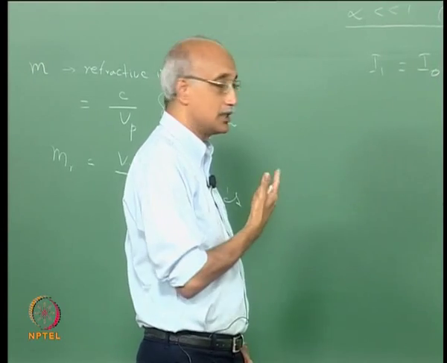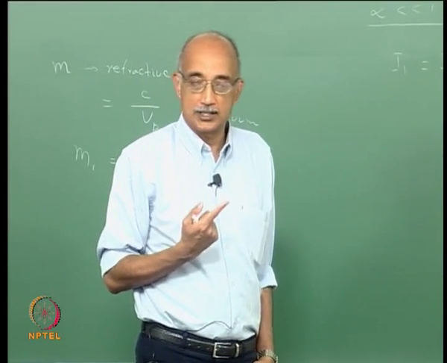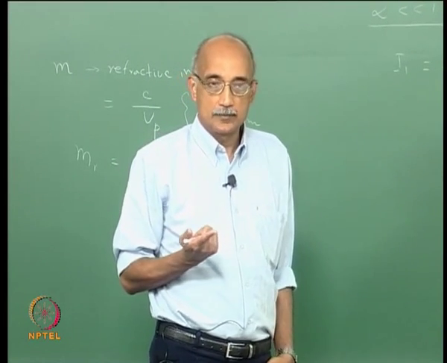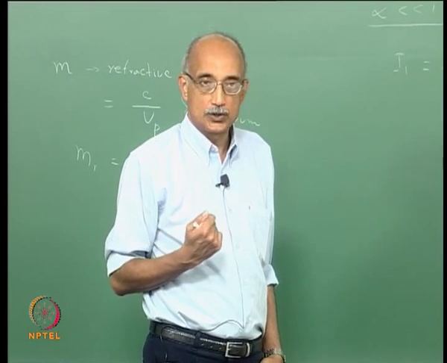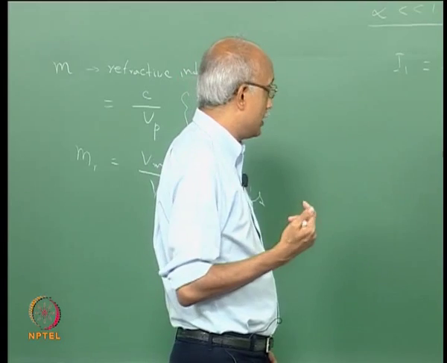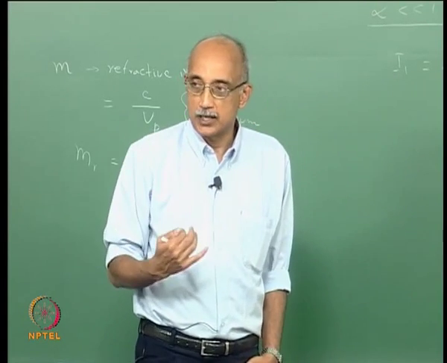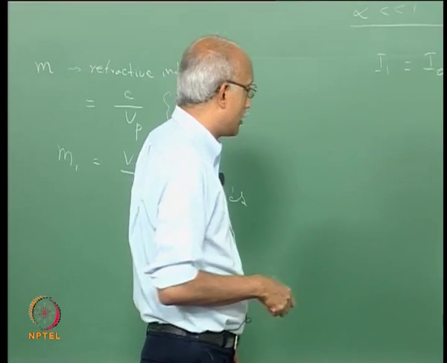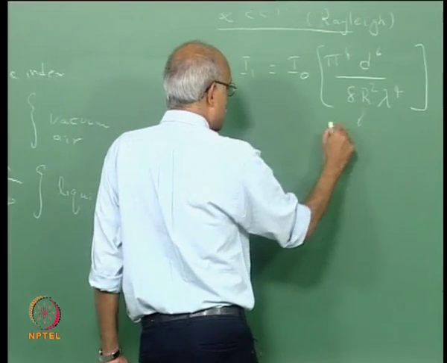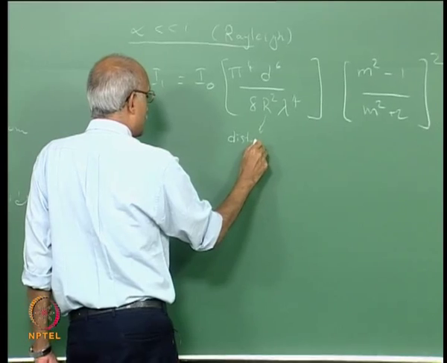The second thing is you see the d to the power 6 dependence. As I mentioned in the last lecture, scattering intensity goes as dp to the power 6. So there is a very steep drop in scattered light intensity as the particle size decreases. R, by the way, is the distance of separation between the observer and the object.